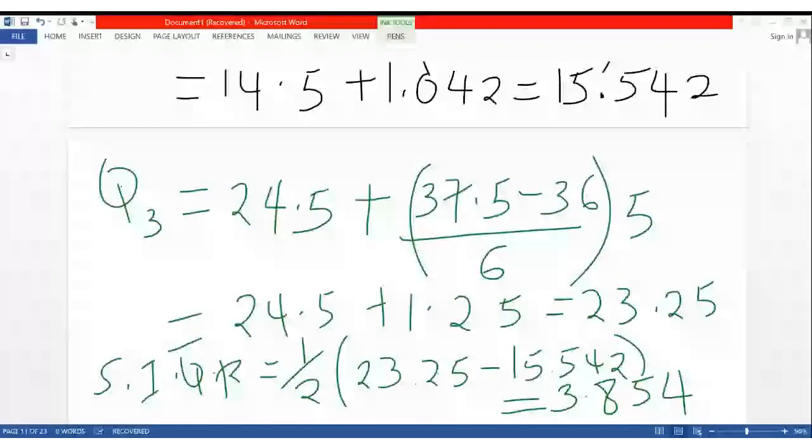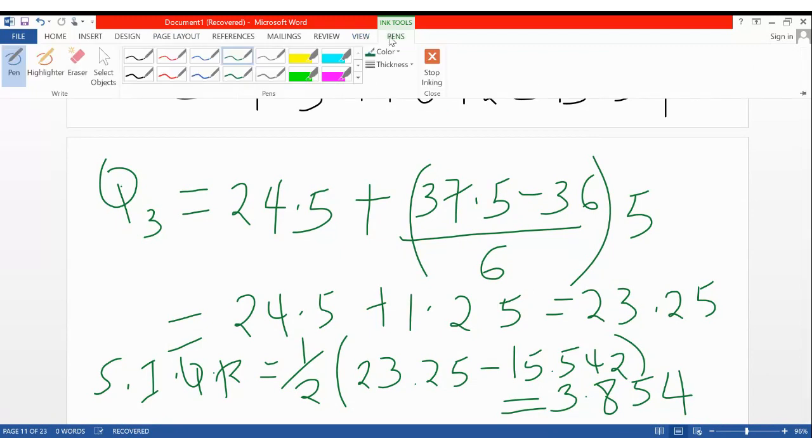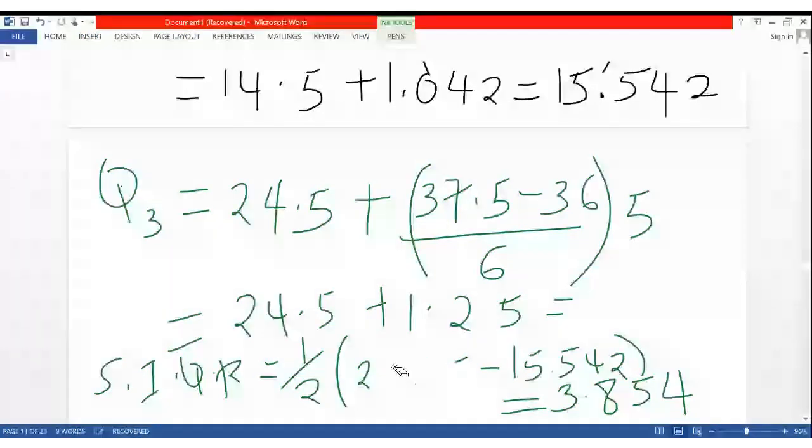Okay, so yes. But my question is, are you understanding what I'm doing? The arithmetic, the addition and the subtraction, we can always argue about that. That one has no problem. But are you getting what we are doing? That is the most important thing. This one is 25.75.